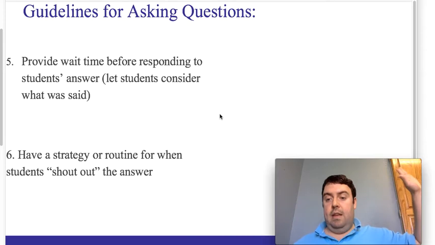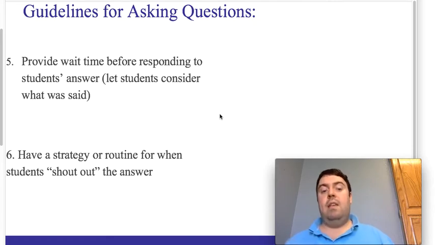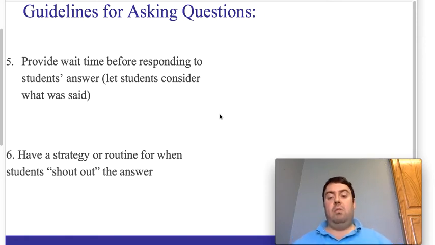I always did this to remind students to raise their hand. Or if students shout out a correct answer, you might nod to them, but then call on someone who's raising their hand. And then explain to students, please remember that I'm trying to call on students who are quiet, raising their hands, and are in their seats.